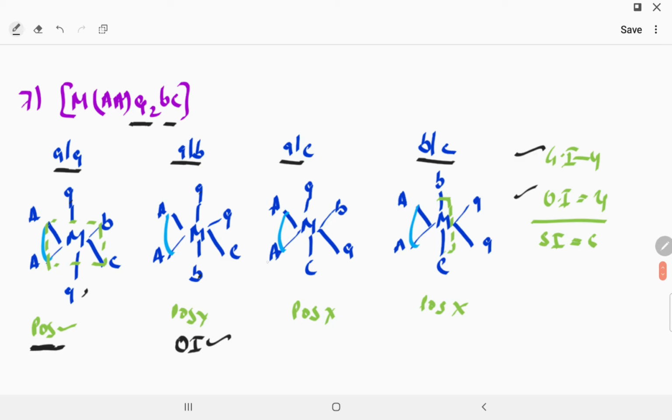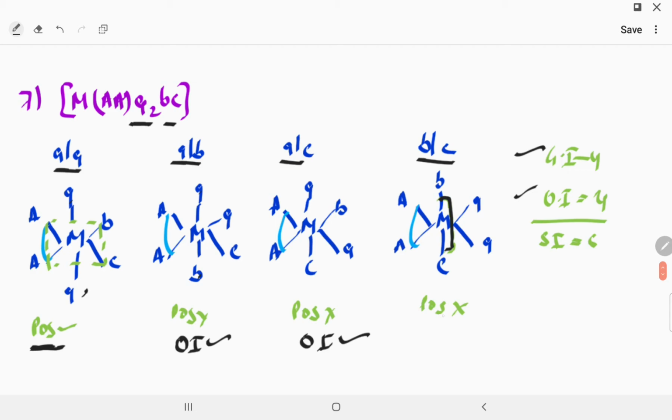Okay. So the next case is AC trans. In AC trans, there is no POS plane also. So they will also show optical isomer. Now, B and C trans. When B and C are trans, this will have a slanted cut, not a horizontal cut.